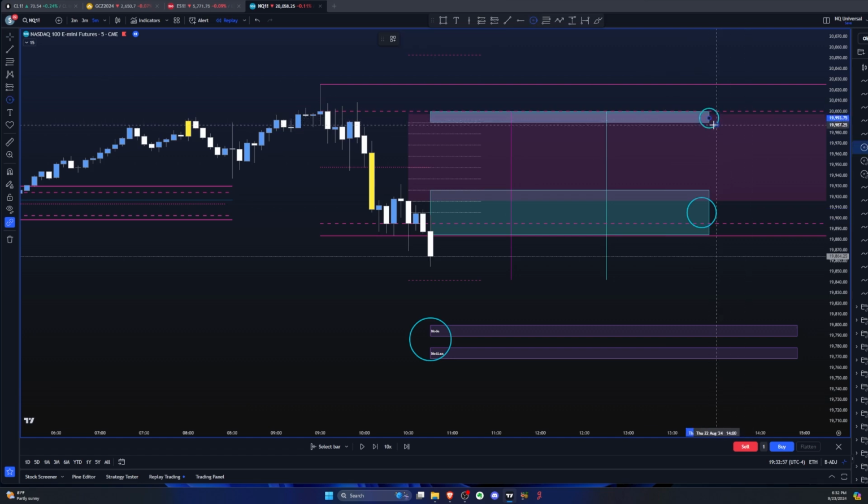I have a set of rules for looking for entries within the zone that usually give us a narrower stop loss, and that helps us generate more R out of our trades.